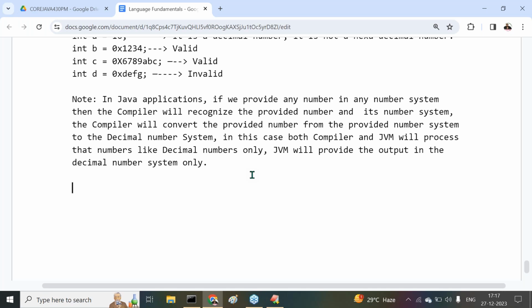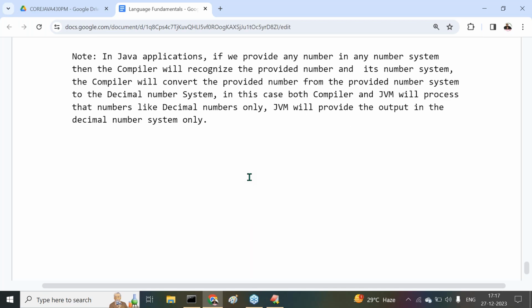All right, sir. Then you may get another question. This type of question we already saw in the written tests of a number of companies. What is the question? Match the following.